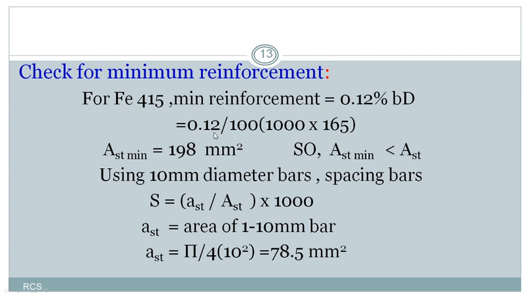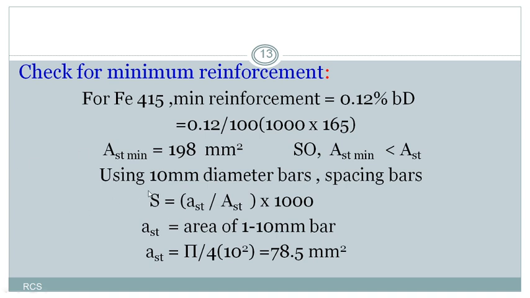So that is 0.12 by 100 multiplied by b. b, we are using as 1 meter width, that is 1000 mm, and the overall depth we have obtained is 165. If we calculate that, we will get Ast minimum provided as 198 mm square. But Ast is 483, so our Ast minimum is less than Ast obtained. Hence we are safe against the minimum reinforcement.